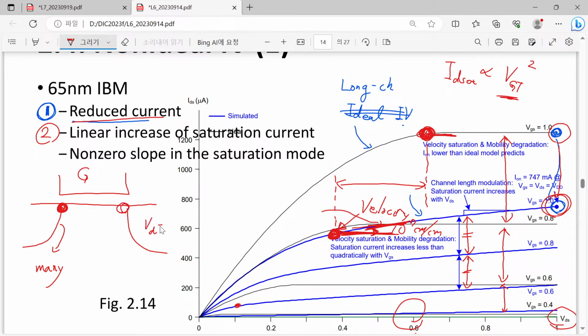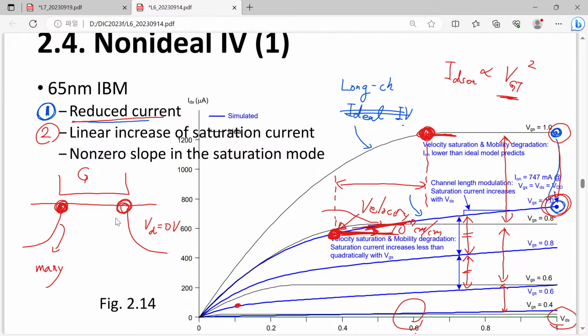When Vd equals 0, compared with the source end of your channel, the number of electrons collected in this part will be the same. However, if you increase the drain voltage, then the number of electrons at this point is now less than at this point.